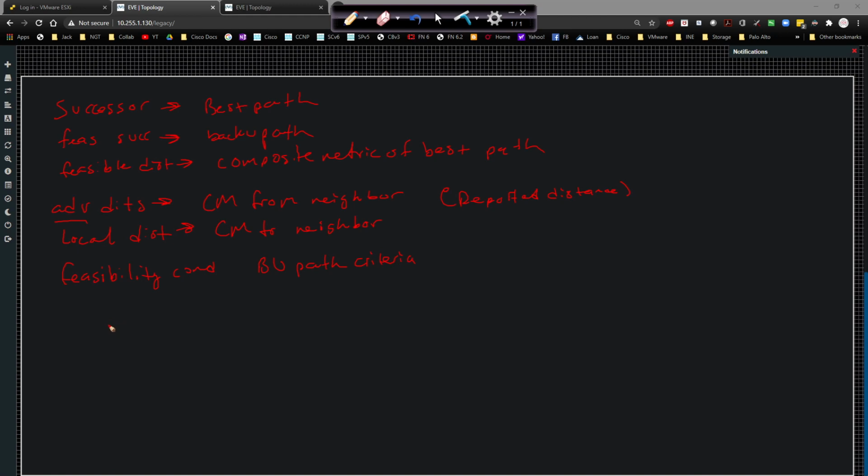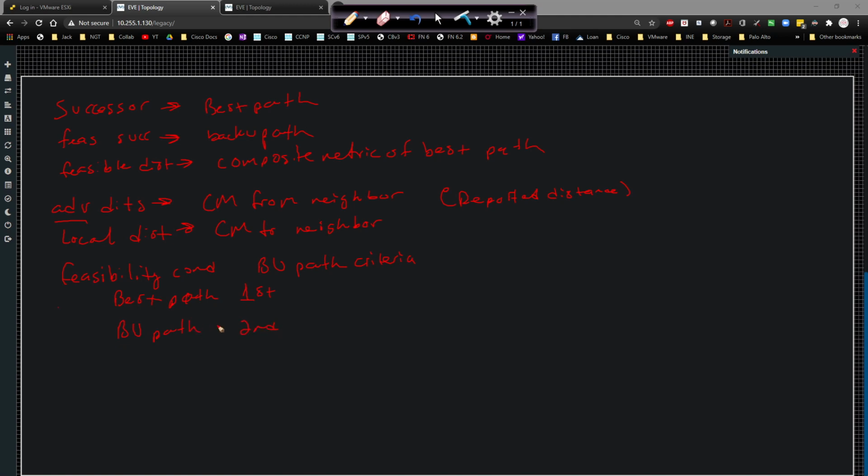In the event that you need to, you've already gone through and pre-calculated those routes to make sure that they're not going to cause a loop and you're going to be in good shape. So the feasibility condition is going to find the best path first, right? Best path is first, and then backup paths second.